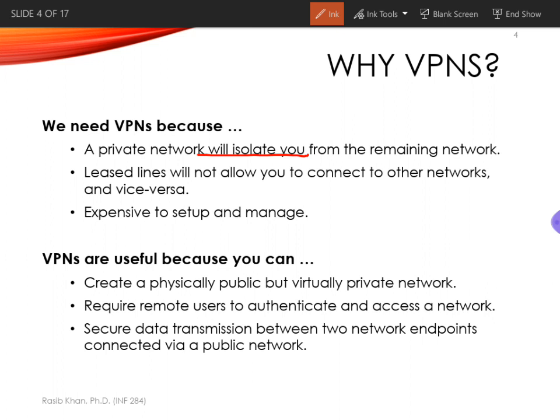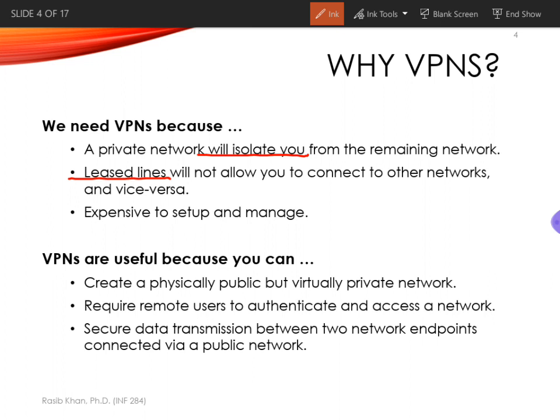On the other hand, another conventional, traditional way that these private connections were set up was with the use of leased lines. So leased lines were privately leased physical connections that could allow us to connect to other networks.